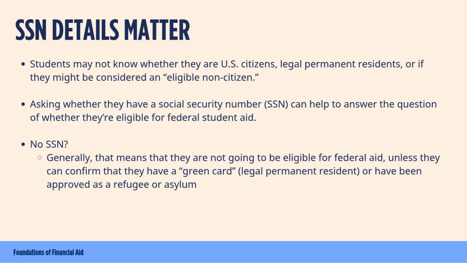So that's why asking if they have a social security number can help to answer the question of whether they're eligible for federal aid. Students who do not have a social security number are generally not going to be eligible for federal aid. So typically, if they don't have an SSN, they will be completing the CASFA.